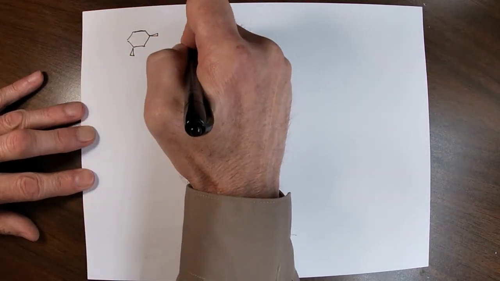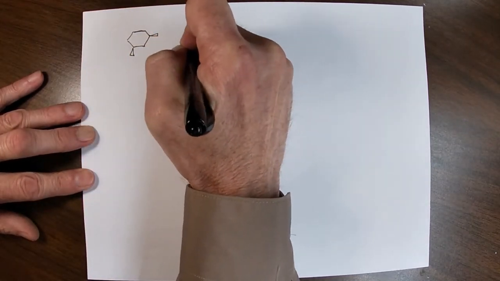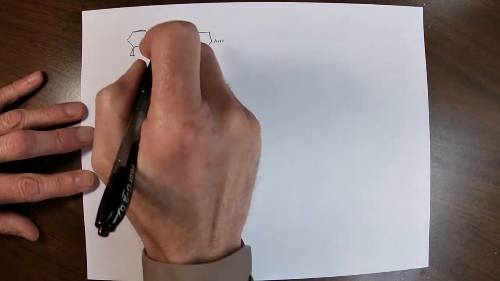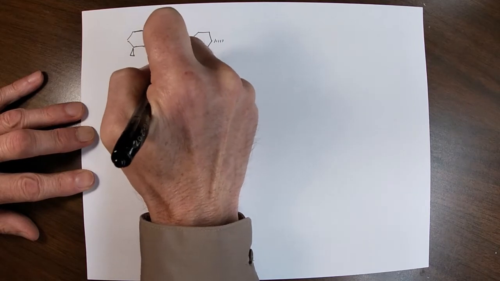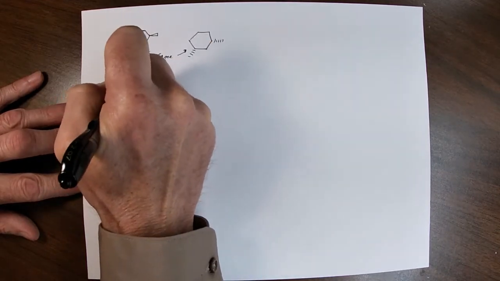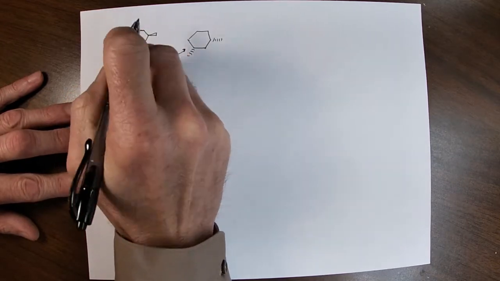Okay, cis, and I'll go ahead and draw the other one here with dashes. Wedges and dashes, and these are the same molecule. The cis 1,3 exists as a meso compound.